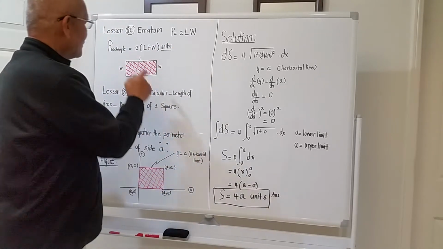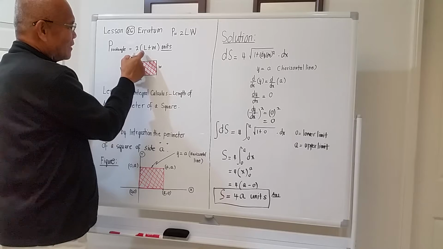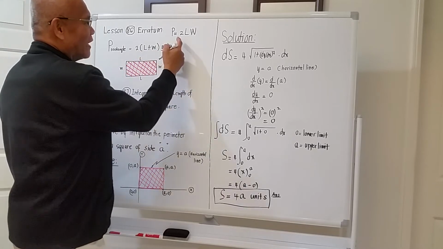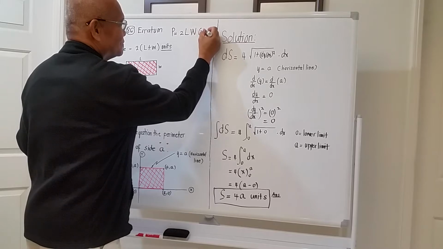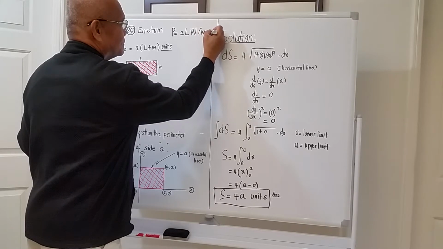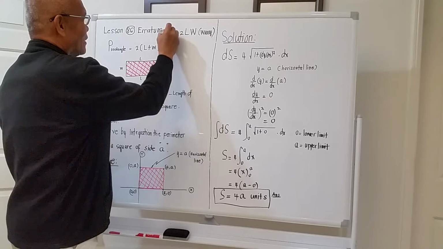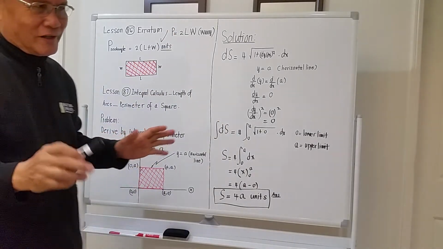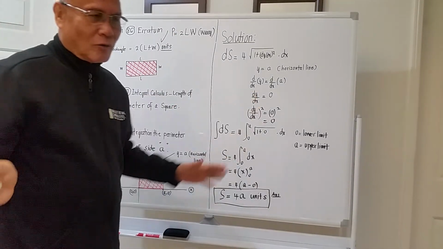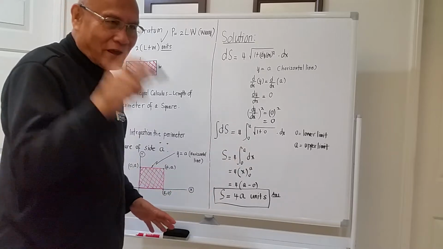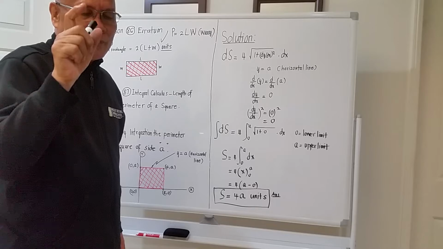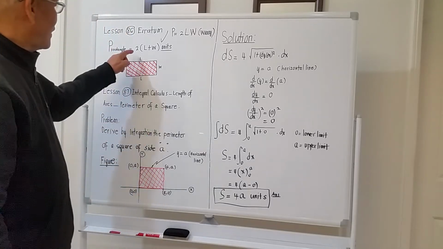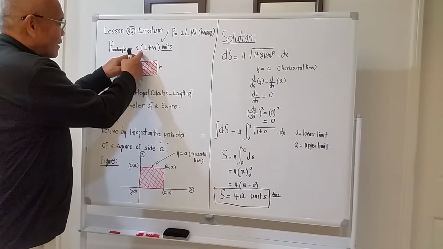So instead of writing 2 times the quantity length plus width, I wrote it like this. This is wrong, and this should be the correct one. So actually, my lesson 85 was all correct except for the writing of the final answer. And the final answer for the perimeter of a rectangle should be twice the quantity length plus width.